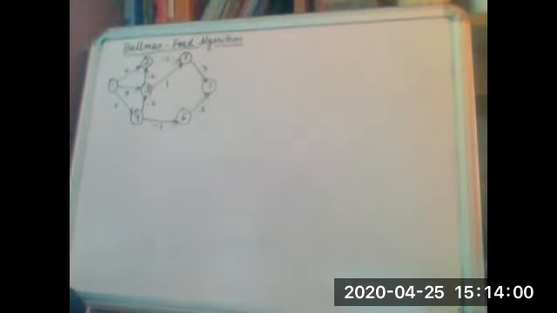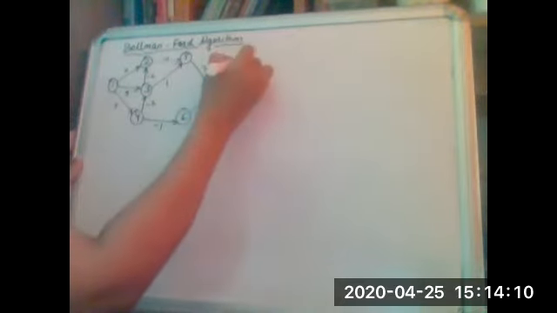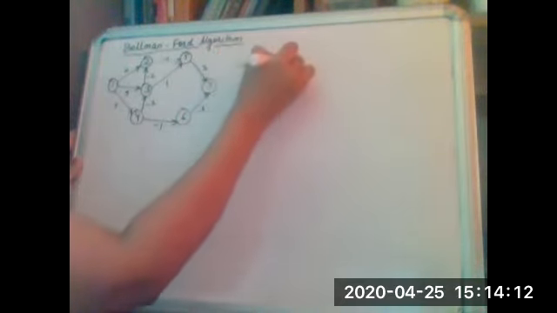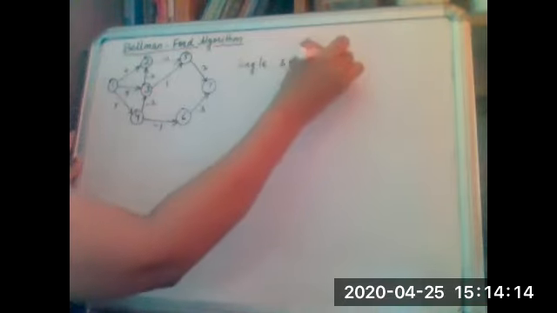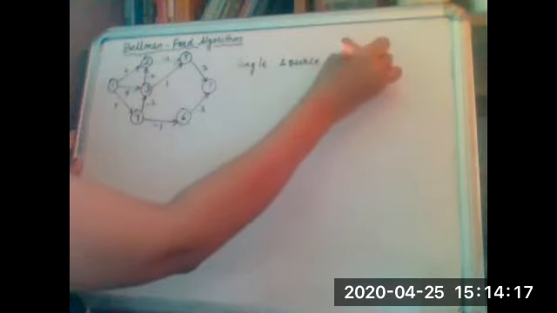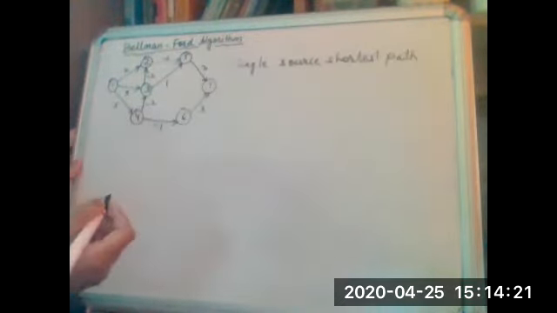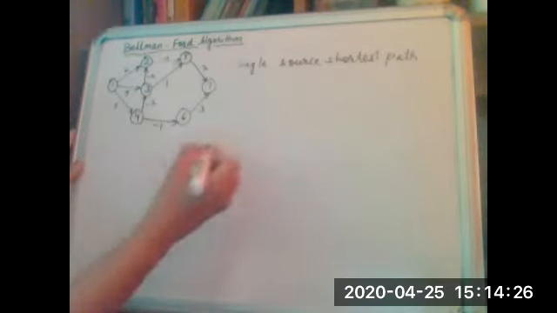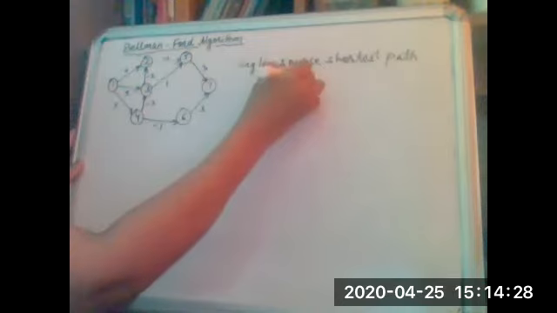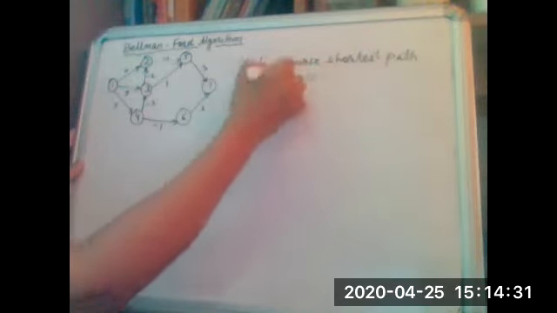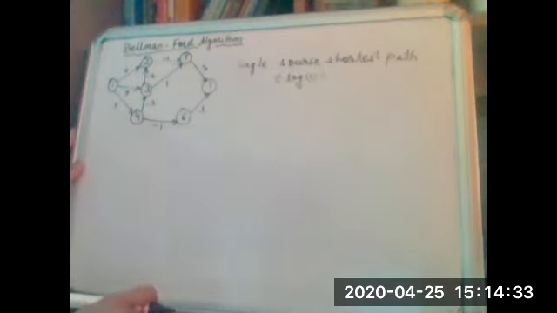Dijkstra's algorithm is a single source shortest path algorithm, and it has a running time complexity of E log V, where E is the number of edges and V is the number of vertices.